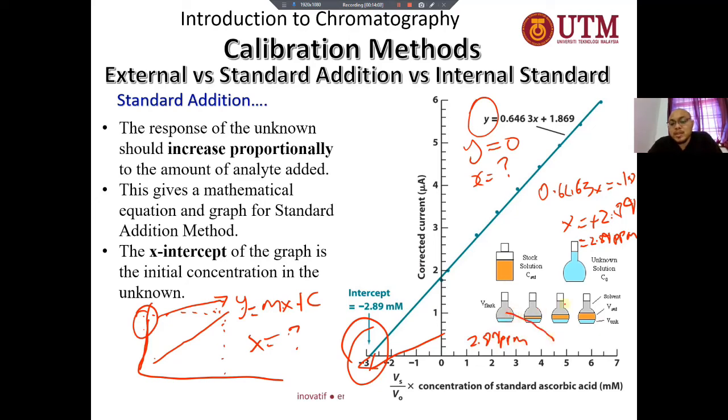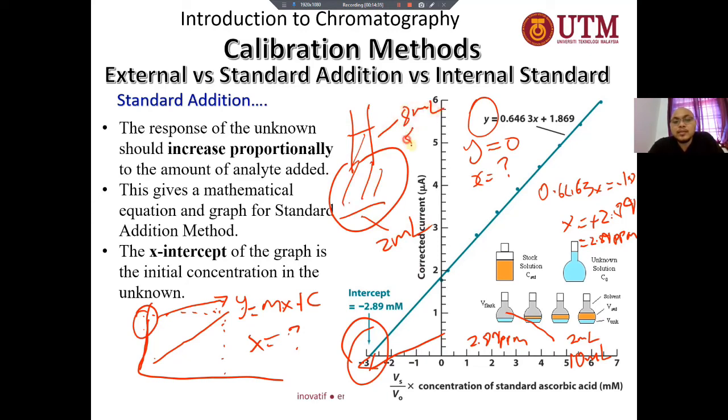But you need to remember, previously we diluted 2 mL of our sample in a 10 mL flask. We added 2 mL of our unknown solution with 8 mL of solvent, so in total it becomes 10 mL. 10 mL divided by the initial volume of 2 mL is a 5 times dilution. So your sample is already diluted 5 times, and whatever value you have here, you need to multiply by 5.